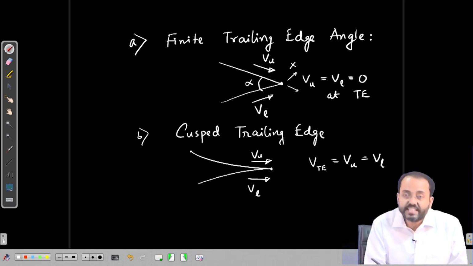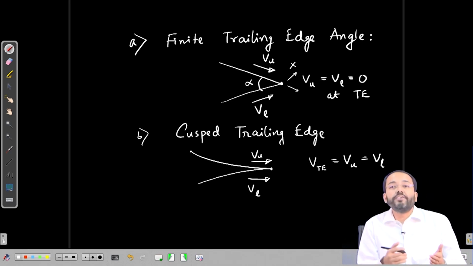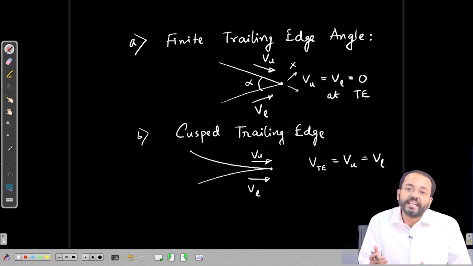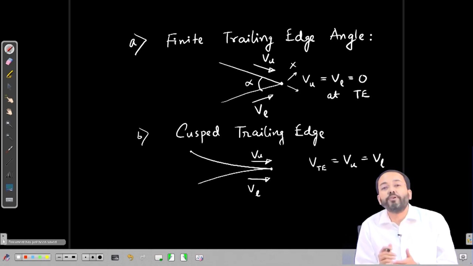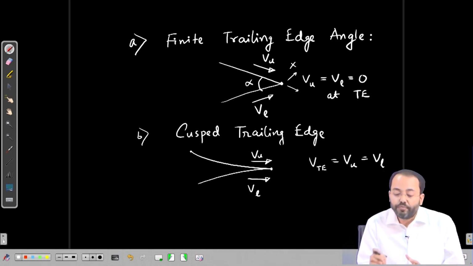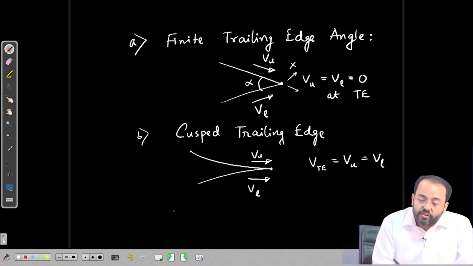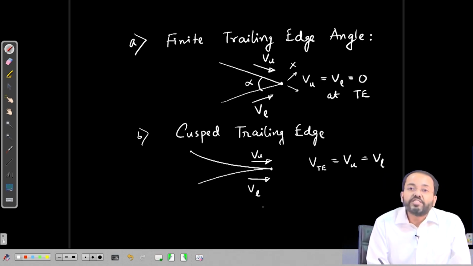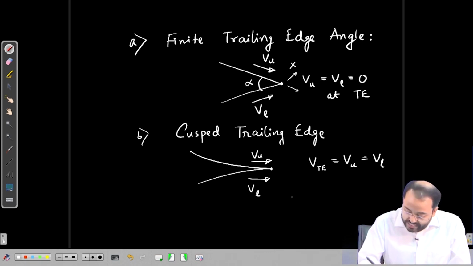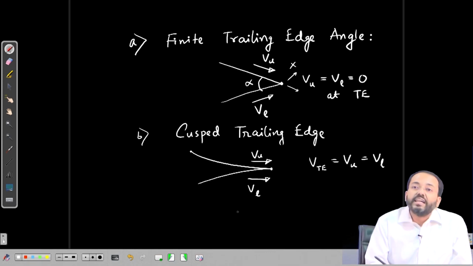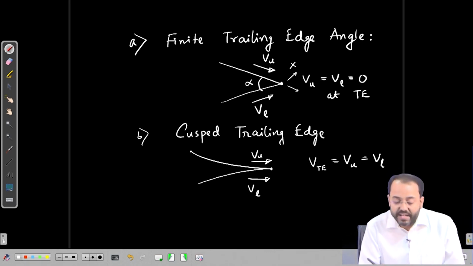Because if there is a velocity jump, that will also indicate a pressure jump, and that cannot be possible in the free stream flow. So, for that reason, in this particular case there can be a trailing edge velocity, but it has to be equal.